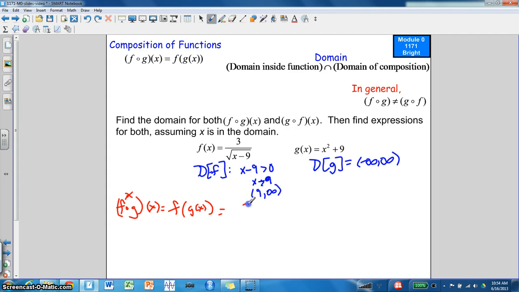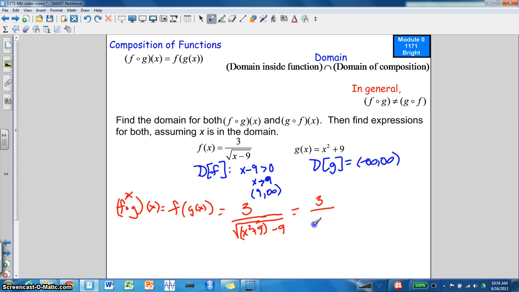So this is equal to 3 over the square root of, now I have x, so I'm going to replace that with x squared minus 9. I'm going to put that in parentheses, extend my square root, and then minus 9. This is plus 9.